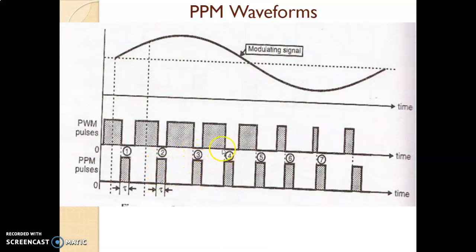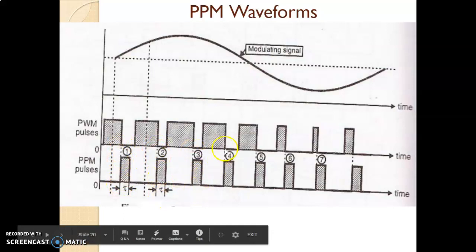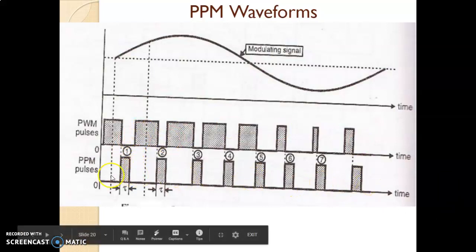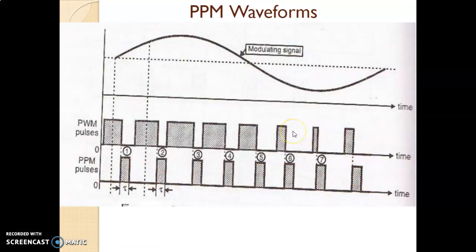When you project the trailing edges of the PWM pulses, you draw constant amplitude, constant width pulses starting from that trailing edge, from that projection. So at all the trailing edges you get a PPM signal, and since you have drawn with reference to PWM, where the width of the pulse is changing, automatically you will find that the position of the pulse is changing.